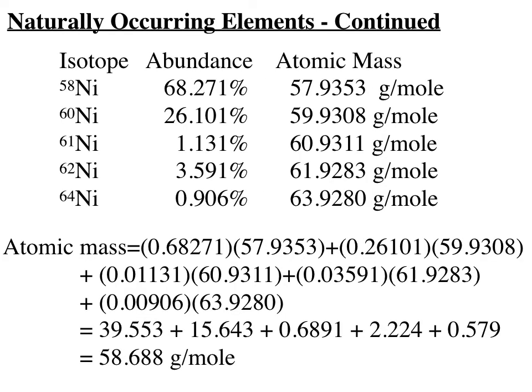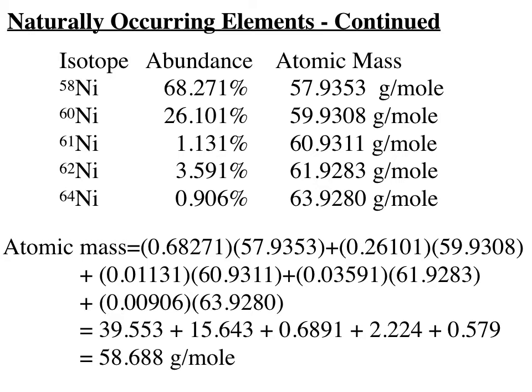More examples, this time with nickel, and you can see that nickel has a wide variety of naturally occurring isotopes, some of not very high percentage, but yet they still need to be accounted for when you're scooping them up out of the ground.